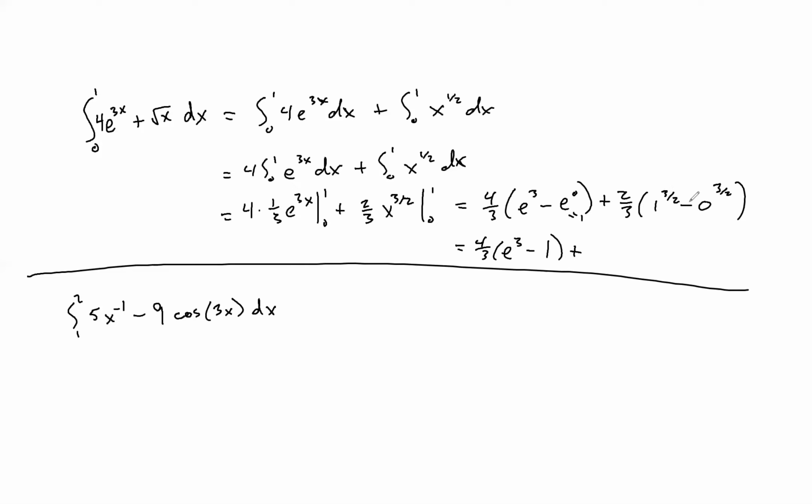That's 0, so I've got 1 minus 0, so that's just 2/3. 2/3 times 1 is 2/3. I guess I could even clean this up a little bit more if I distribute the 4/3 into the parentheses here. That would be 4/3 e to the 3rd power minus 4/3. And then I still have this plus 2/3.